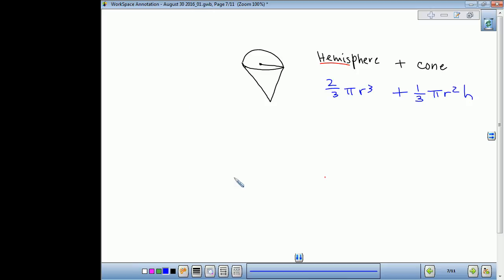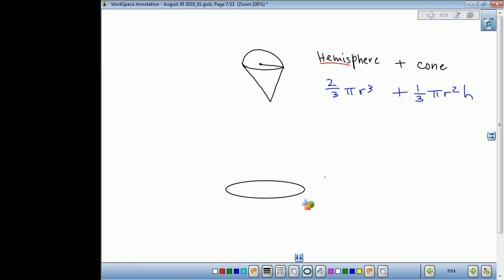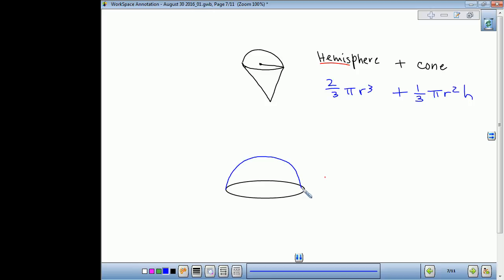When we're thinking about a hemisphere, let's see. Okay, so here's a hemisphere. When we think about surface area, we need to think contextually. So if it's a word problem, what exactly are they asking us for?